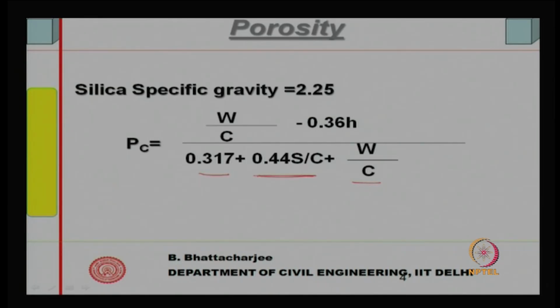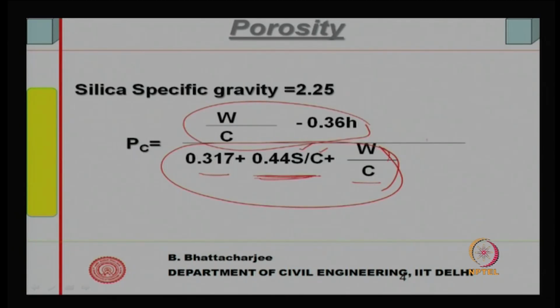But when you have silica fume, one can see that it will come as minus 0.44 S divided by C, where S is the silica that is reacted and C is the cement. So, this term increases, this term remains the same, this is the space left unoccupied by the water-filled space which remains unoccupied after the hydration product has come.